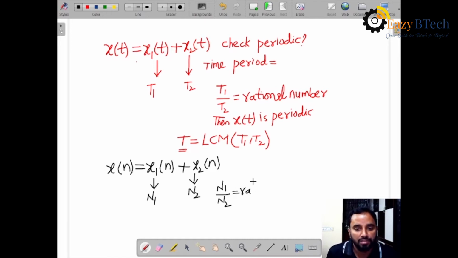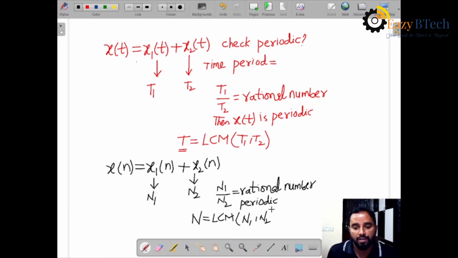If n1 by n2 is a rational number, then the given signal is periodic. The time period capital N is equal to the LCM of n1 and n2. This is the way we find the time period of x of t and x of n. Now we will see a simple example.